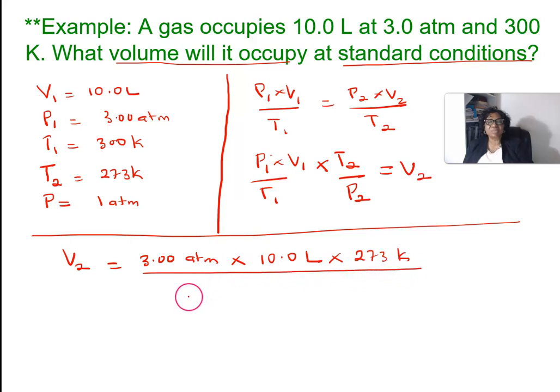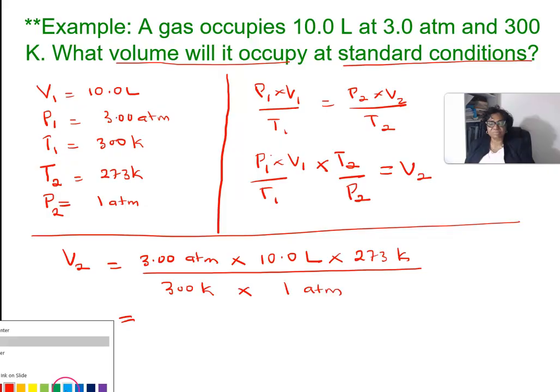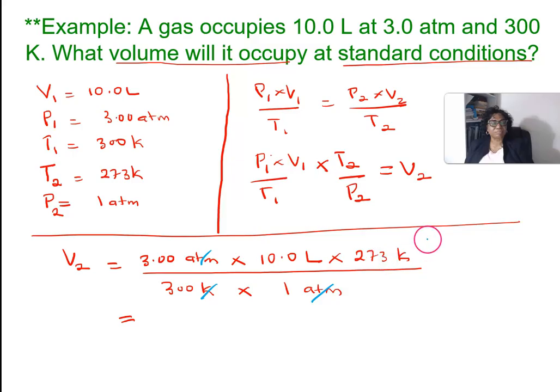Our T1 is 300 Kelvin, and our P2 is 1 atmosphere. So cancel the units, take care of the units. We are left with volume.